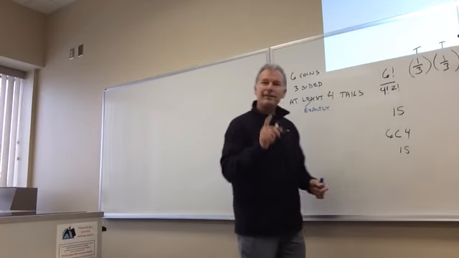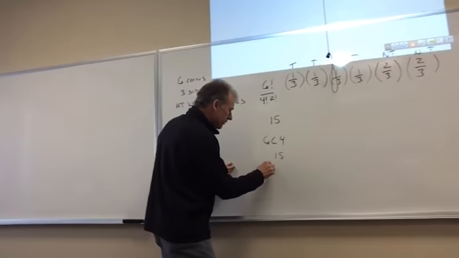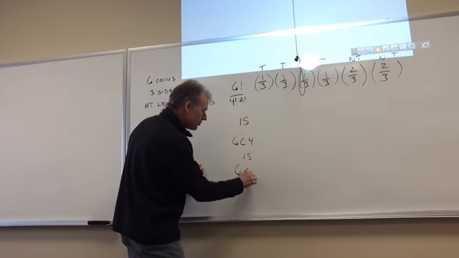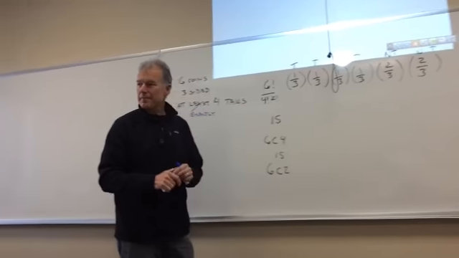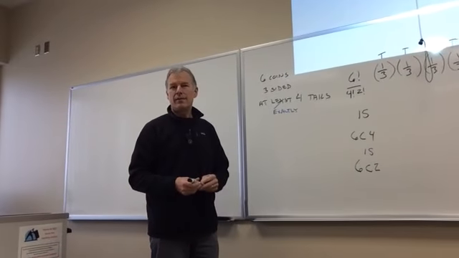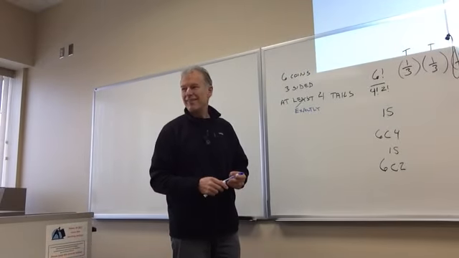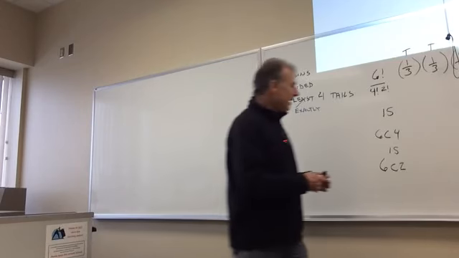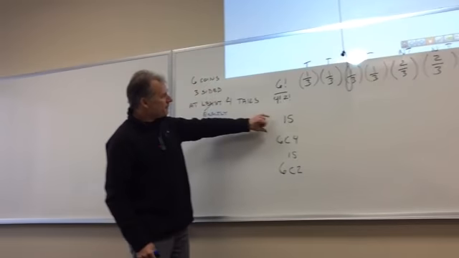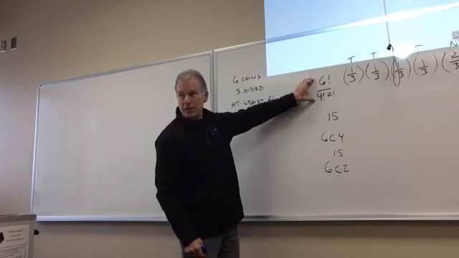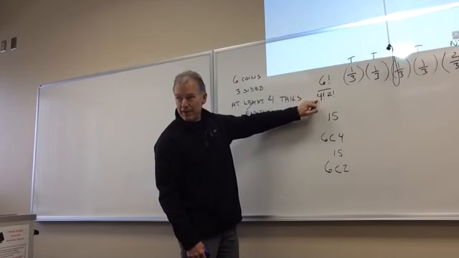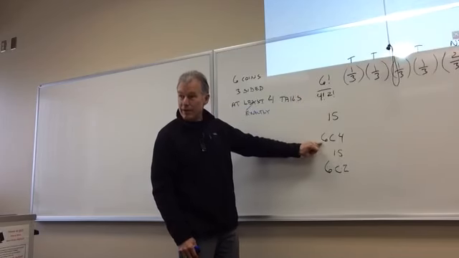Okay. In fact, while you're there, try one more thing. 6 choose 2. 15. Okay, so by taking a permutation and dividing out the repeats, it actually is kind of the same as doing a combination.